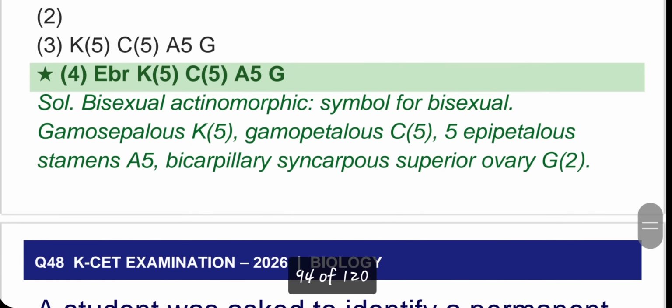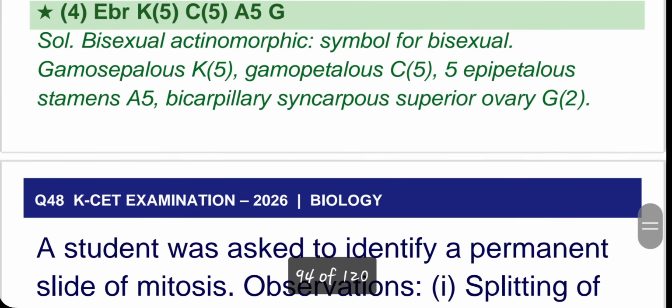So the answer here is EBR, ebracteate, they don't have bracts. K5 sepals are fused, corolla 5 petals are fused, androecium 5 attached to corolla, that arrow mark is missing. Gynoecium is bicarpellary and superior, they would be fused, and the dash would be below.